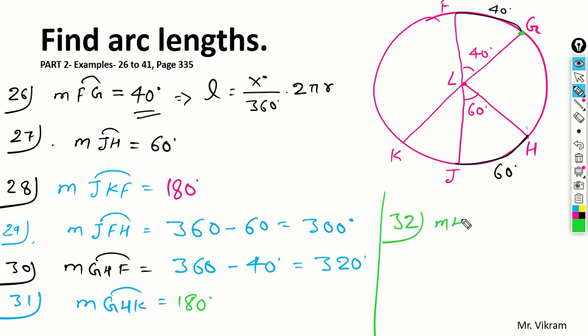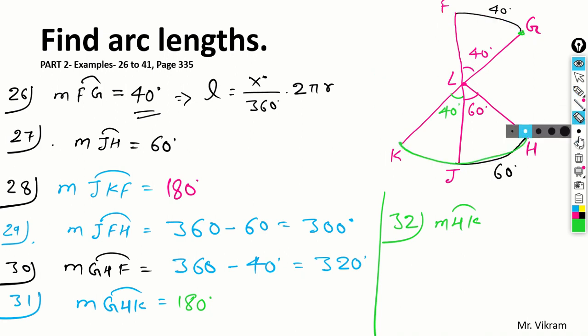M H K. H to K. This is going from here to here, right? Now you see these two are vertical angles, so if this is 40, this will also be 40 degrees, right?